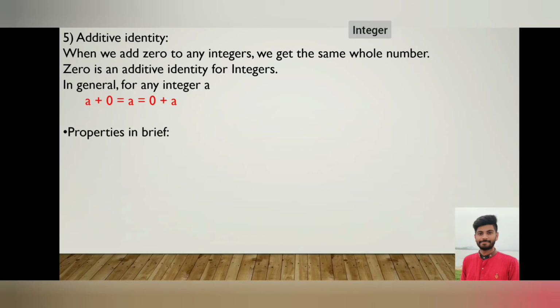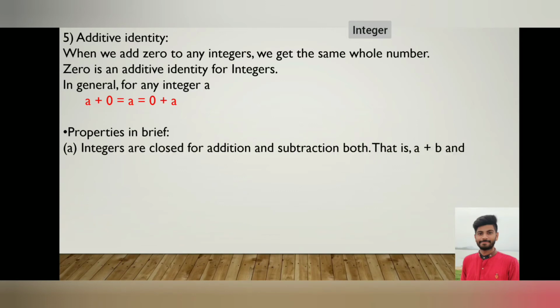Now, all the properties for addition and subtraction in brief. First of all, integers are closed under addition and subtraction both, that is, a plus b and a minus b are again integers, where a and b are any integers.